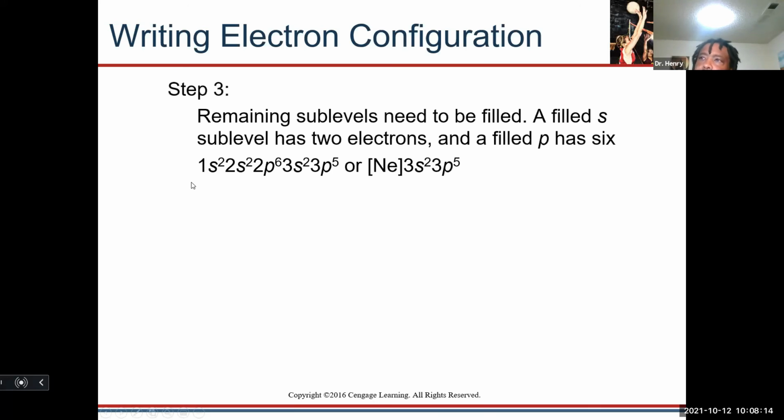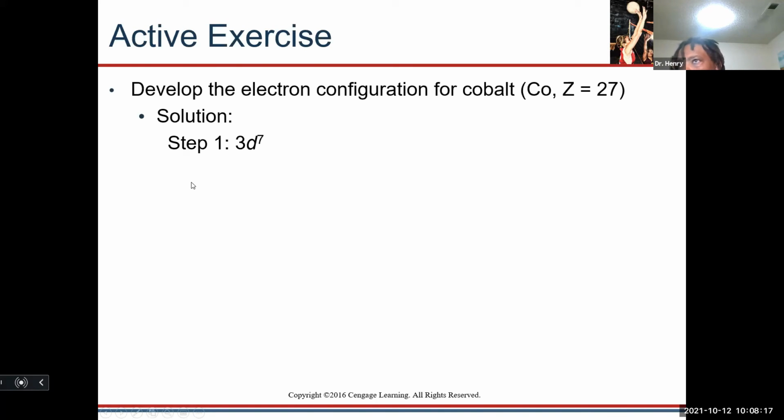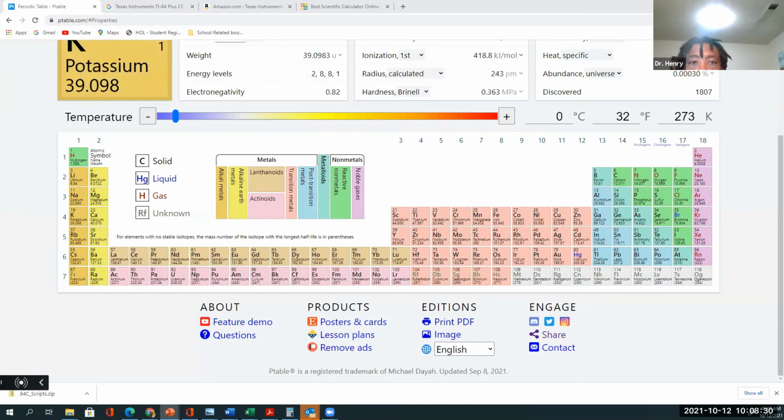Okay, so cobalt. Let's write cobalt the short way. Where is cobalt located? Period 4, group 9. Okay, so cobalt, Co. What is the core?